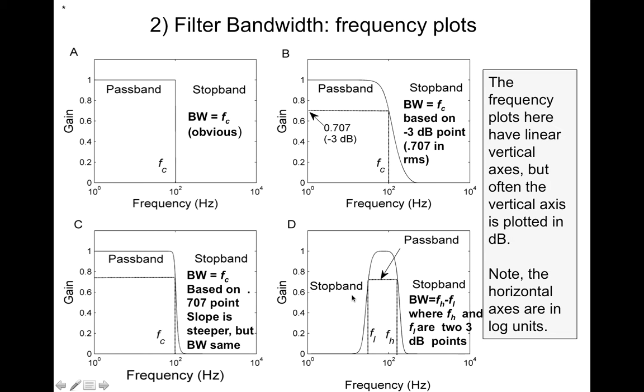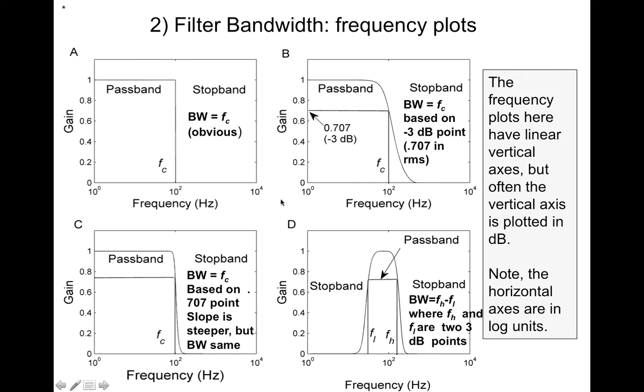Figure D just extends this example to show you how this would work in a bandpass filter, where the passband basically goes from the 0.707 point on the left side to the 0.707 point on the right side, and so that would give you the lower and higher ends of the bandwidth.